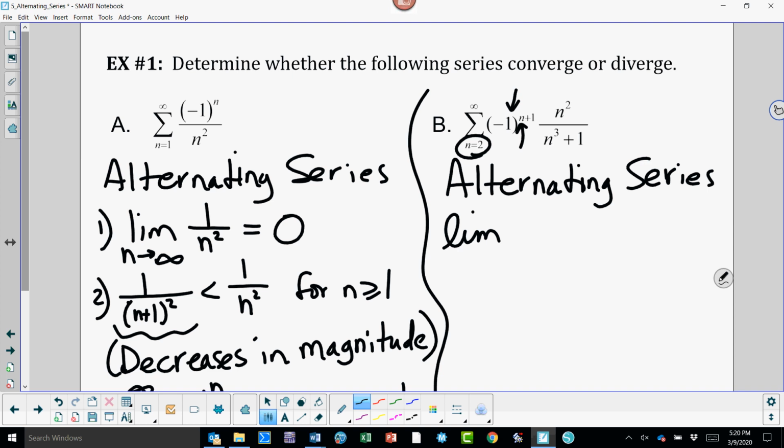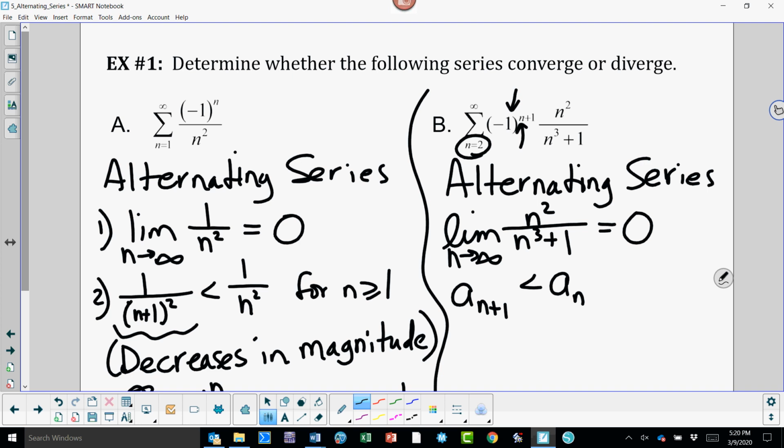The limit as n goes to infinity of the a_n, not the alternator, so just the limit of this general term, is definitely 0. We know how to do these limits. The power on bottom is bigger. And then we can say that the a_(n+1) is less than the a_n term for n greater than or equal to 2.